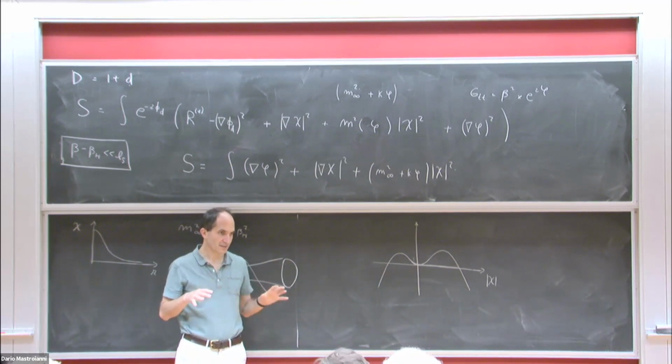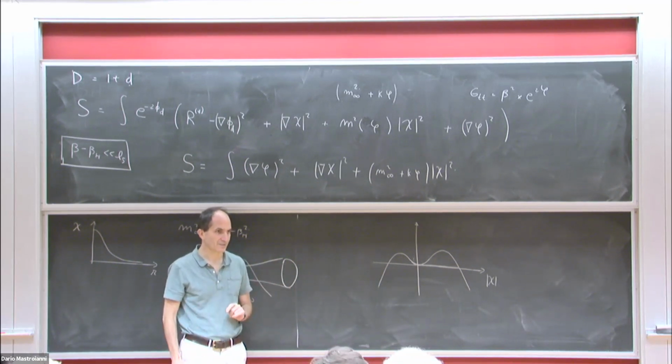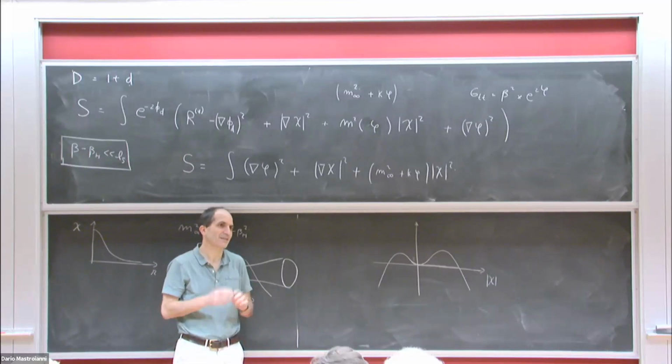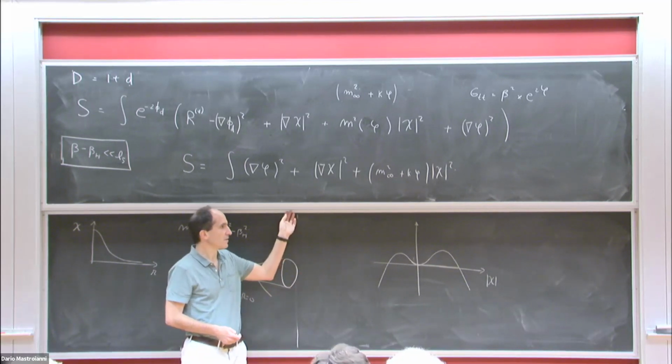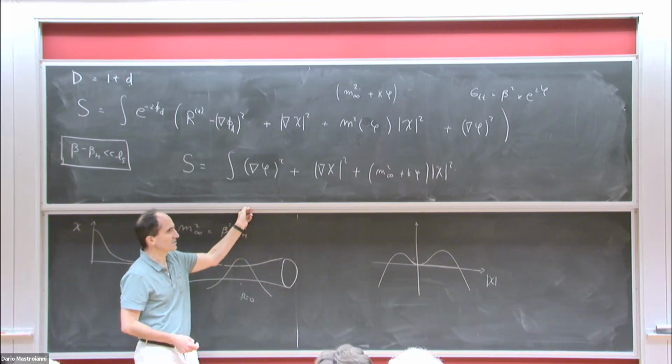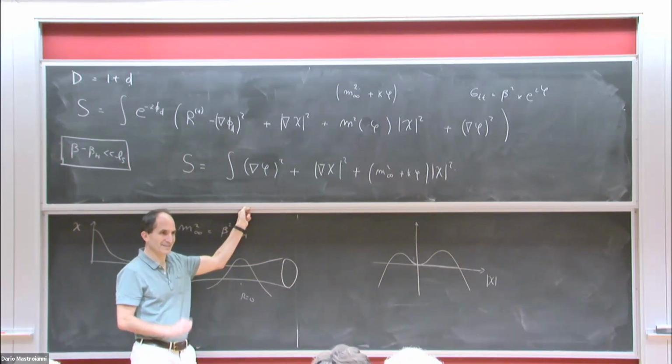And among the off-shell fluctuations, there is one negative fluctuation. We basically found one negative fluctuation. I don't think we demonstrated that that was the only one, but we found one.